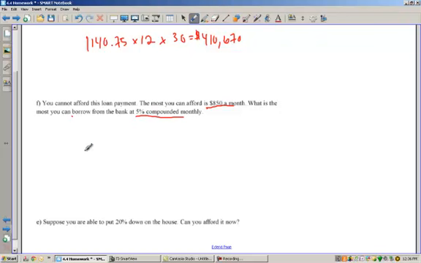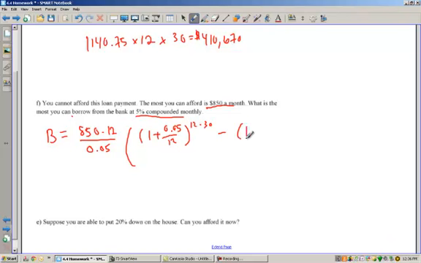So basically all our numbers are the same, and we want to figure out how much we can borrow. So we don't know B. I know I can pay $850 a month. I still have 12. The interest is 5, and I have 1 plus 0.05 divided by 12 raised to the nt, so 12 times 30, minus 1 plus 0.05 divided by 12.